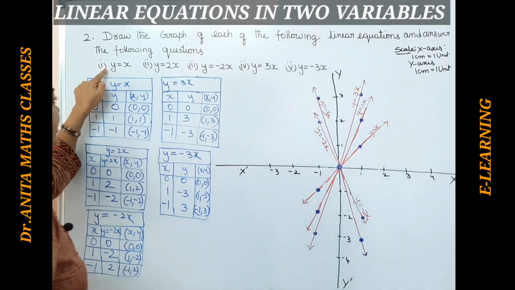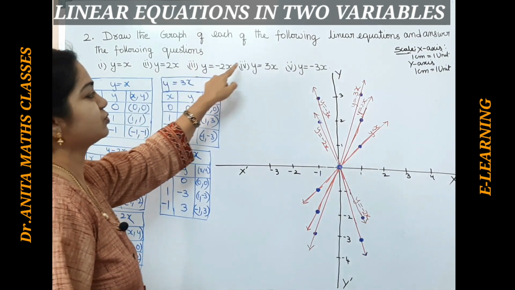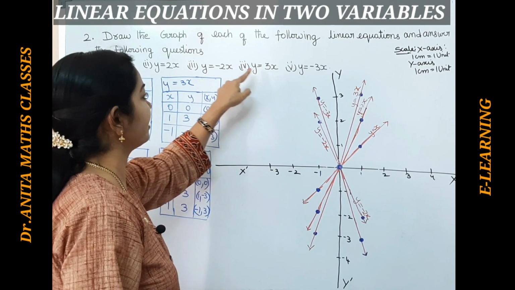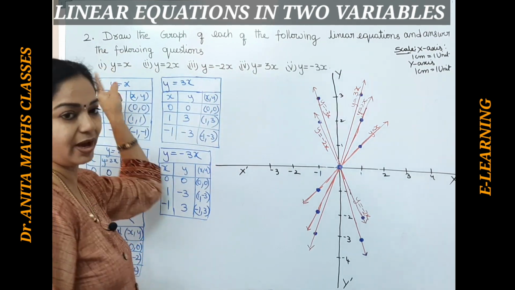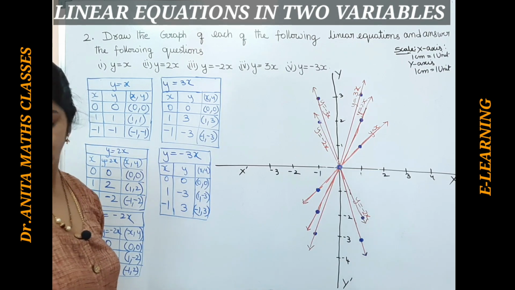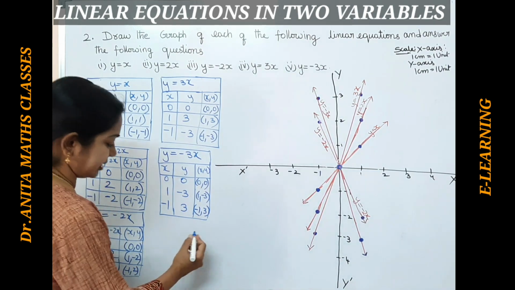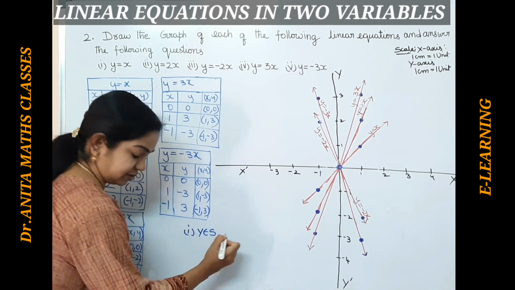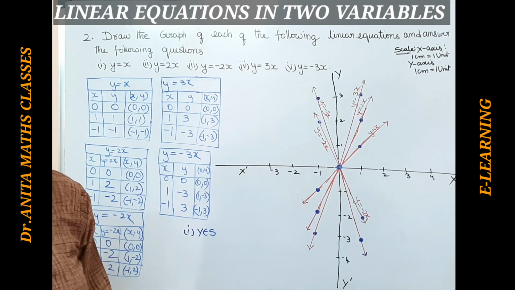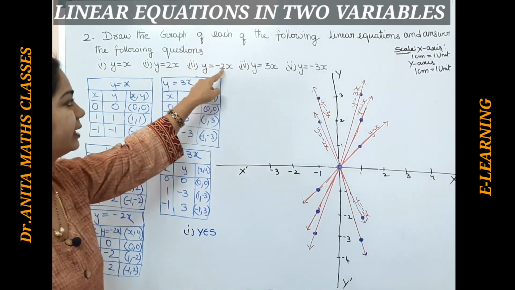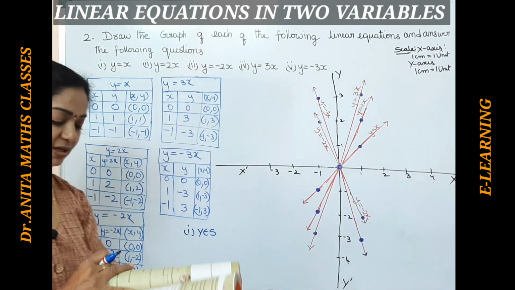See here, y is equal to x, 2x, -2x, 3x, -3x, where if you consider 3, -3, -2, 2 and 1 as m, they are surely in the form of y is equal to mx. So write the answer as yes, where m is a real number. 1, 2, -2, 3 and -3 are real numbers.